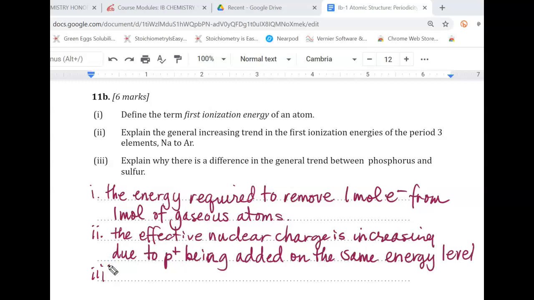The last part: explain why there is a difference in the general trend between phosphorus and sulfur.